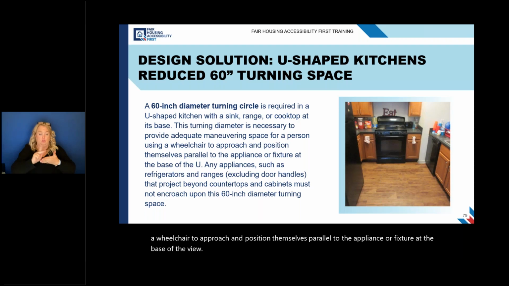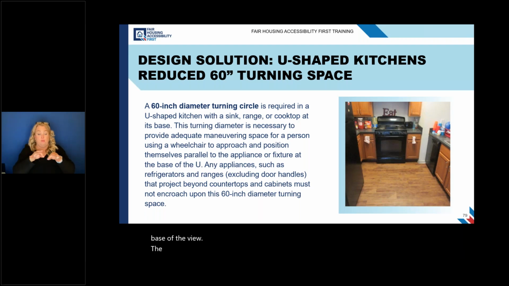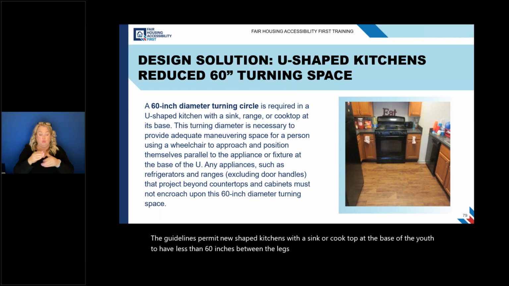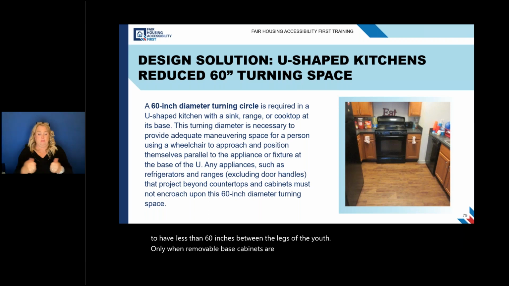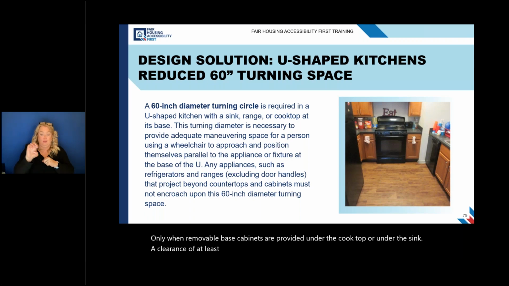The guidelines permit U-shaped kitchens with a sink or cooktop at the base of the U to have less than 60 inches between the legs of the U only when removable base cabinets are provided under the cooktop or under the sink. A clearance of at least 40 inches is required in those cases.